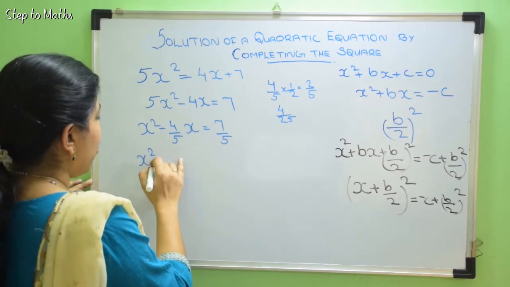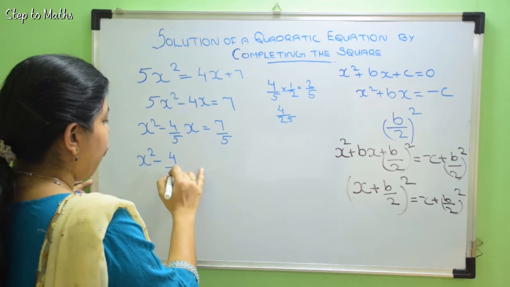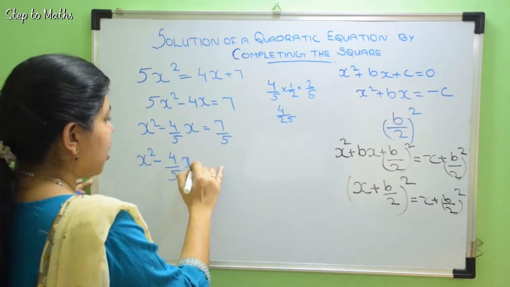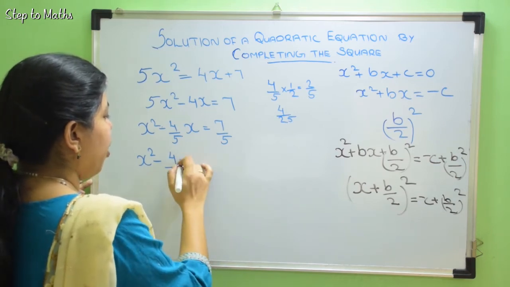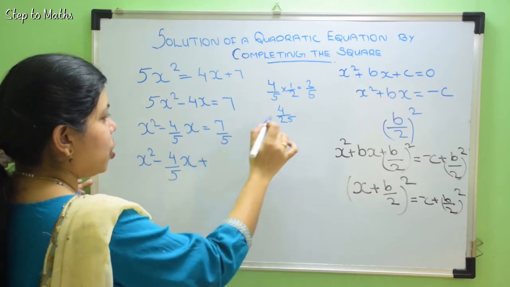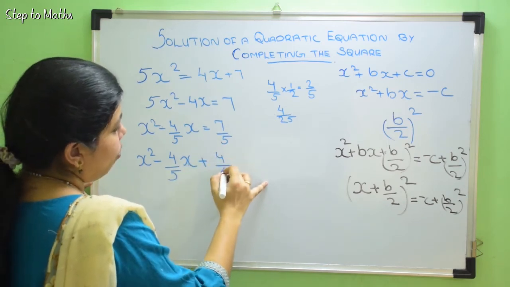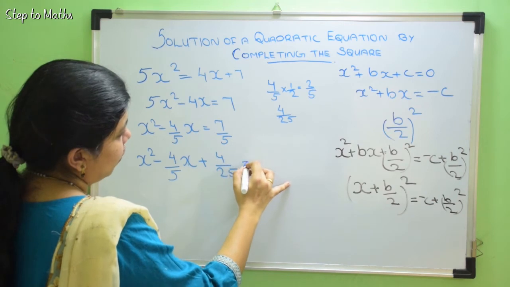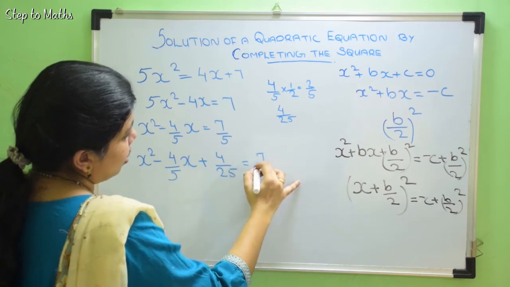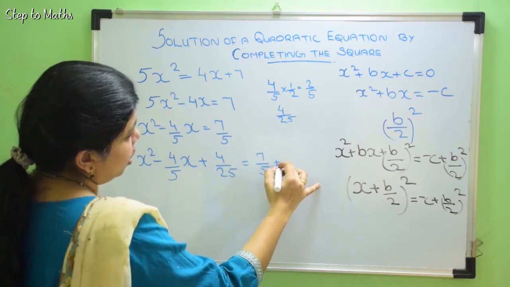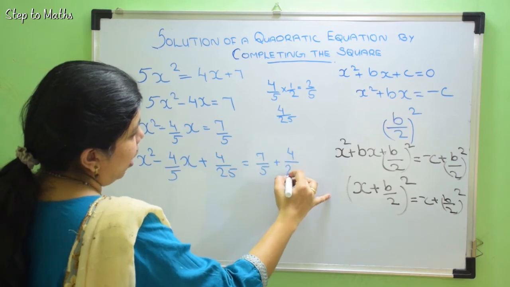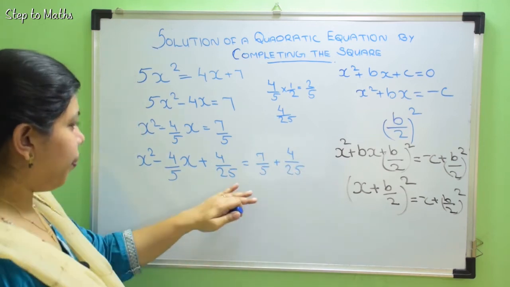That is, x square minus 4 by 5 x plus 4 by 25 is equal to 7 by 5 plus 4 by 25.